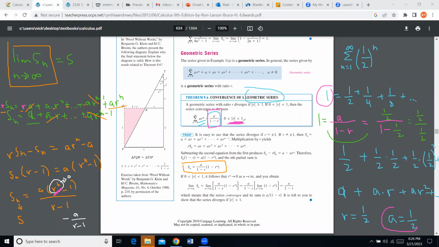So anyways, this formula works for so-called geometric series, for the series in a form where all our terms are produced by multiplying the next term by that ratio r, and again, and so forth.